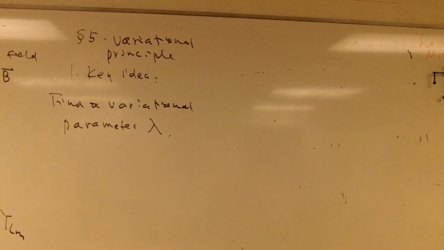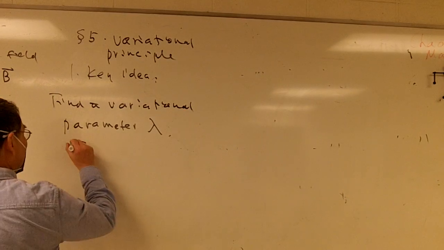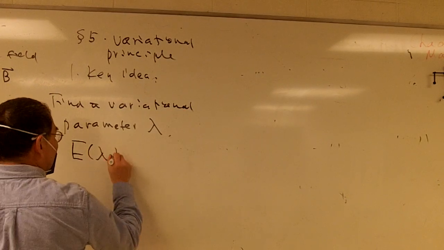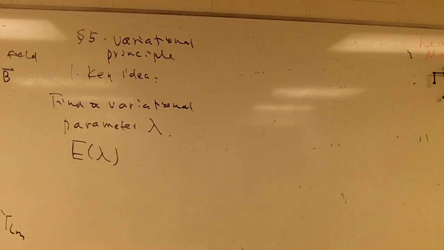We don't know what this lambda is, but we will assume there is a lambda involved. So the total energy will be a function of lambda. So that's the job. And you may wonder, how do you figure this out?